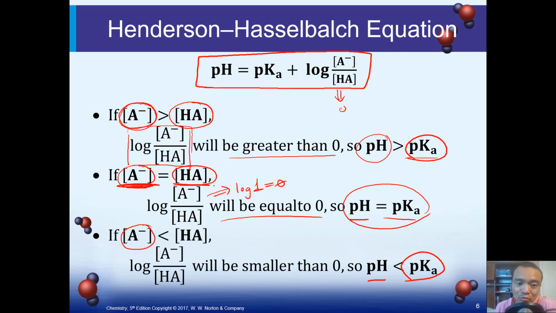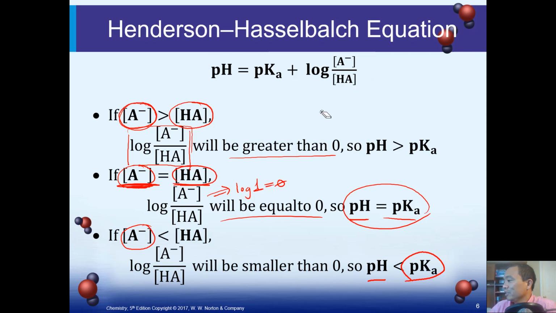opposite is also true. For example, if you have a pH buffer, let me erase everything over here.